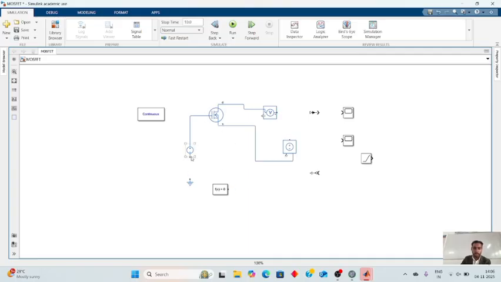Then the negative of the DC voltage source is connected to ground. Then the positive of the controlled current source is connected to the positive of the controlled voltage source. Then the negative of the current source is connected to the Simulink model, and the Simulink model's output is given to the scope.